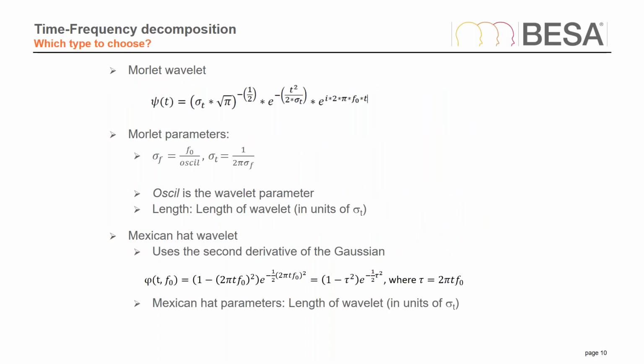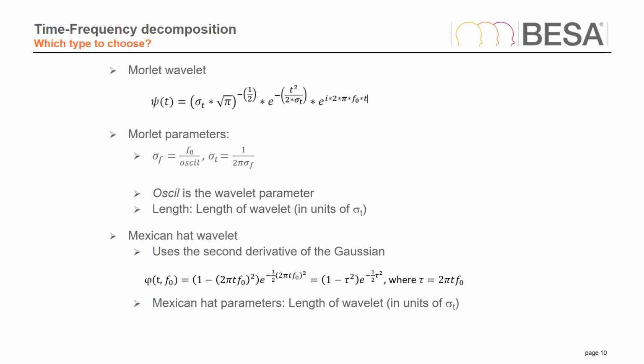So in wavelet decomposition, we have different possible choices for wavelets. The first one, and a very popular one, is the Morlet wavelet. This is the formula for the Morlet wavelet, which you don't have to memorize, but there are two important parameters here.